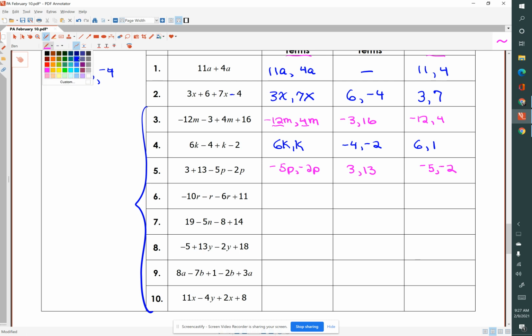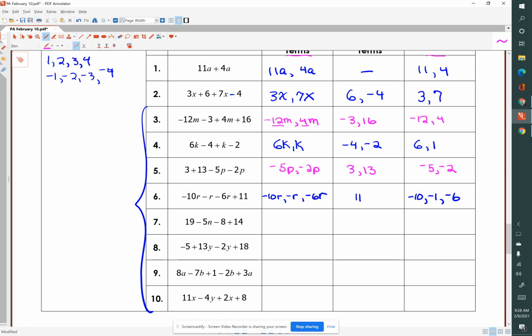For number 6, the variable terms are negative 10r, then we also have a negative r and a negative 6r. Students, remember, in this negative r, we have an invisible 1. So there is only one constant in that expression, and it is 11. And then our coefficients are negative 10, here's our invisible 1 in front of the negative r, and negative 6.